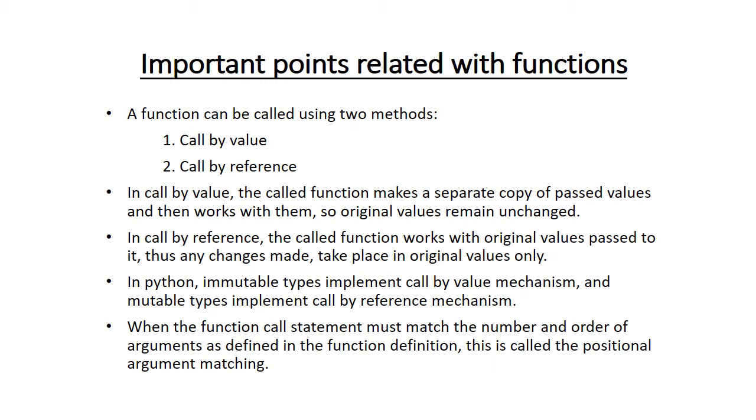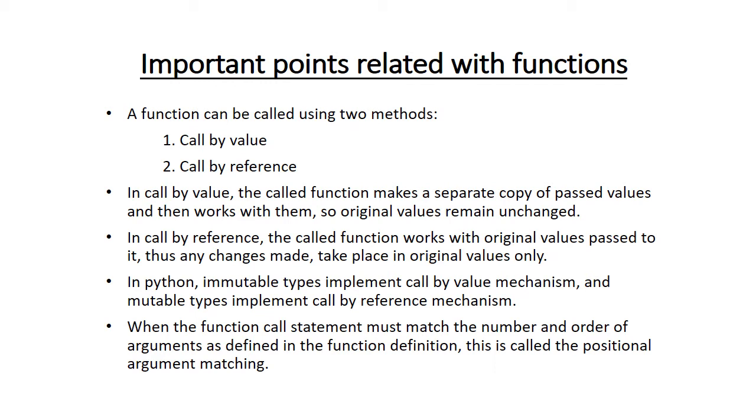But in call by reference, the called function works with the original values passed to it. Thus, any changes made take place in the original values only. That means if you change any value in the function, it is affected everywhere.